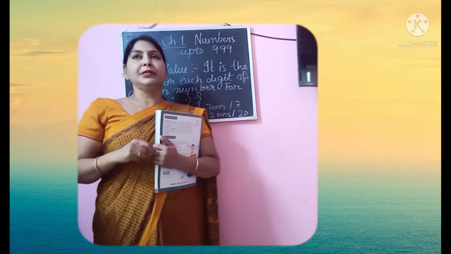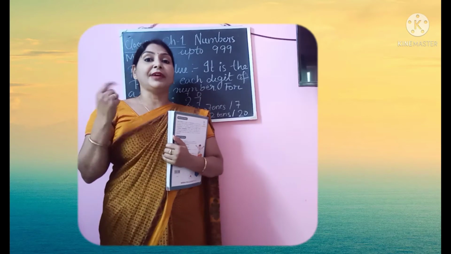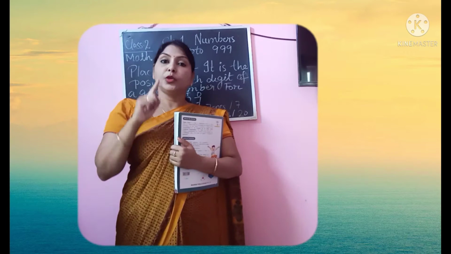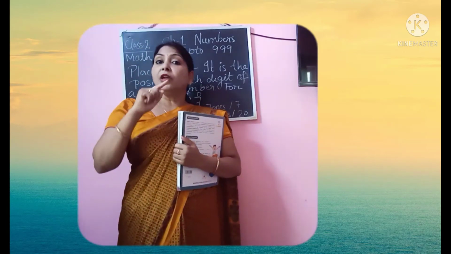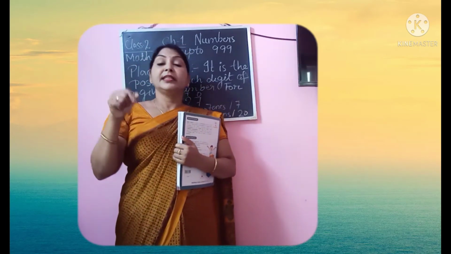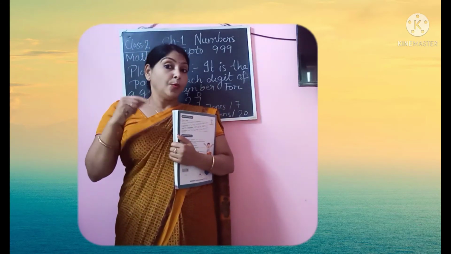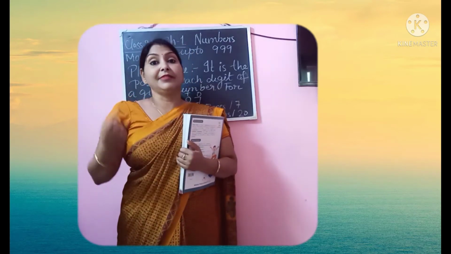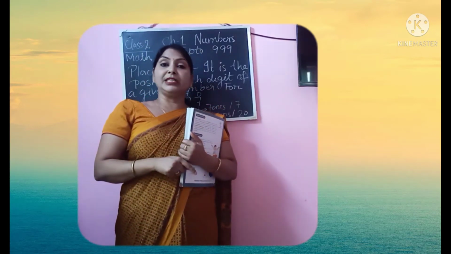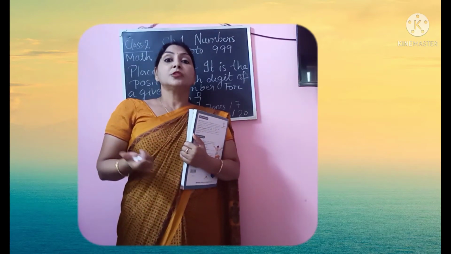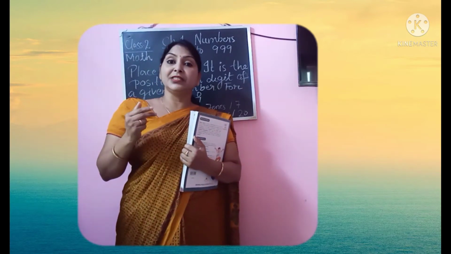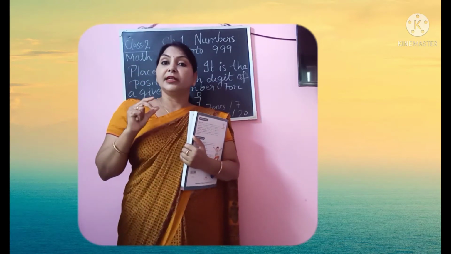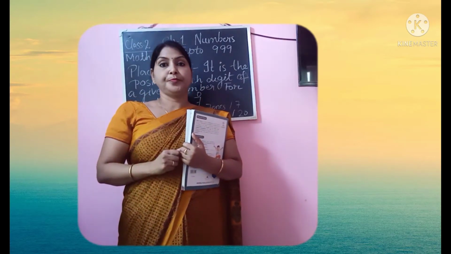Okay. For example, say 27. Now when we write number 27, how many digits does it have? It has two digits, 2 and 7. Now when we write 27, then what are the place values? Whether 2 is in ones place or 7 is in ones place. Whether 7 is in tens place or it is in ones place. How do we understand this? So, in order to understand the place value or the position of each digit in a number, we learn the place value.